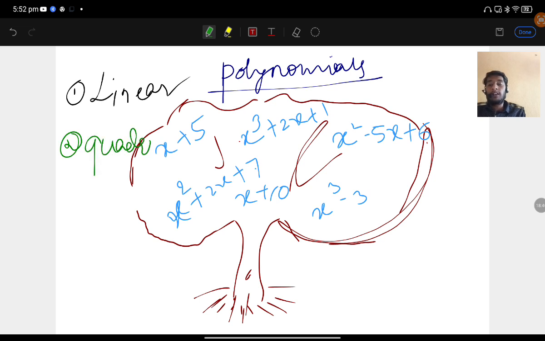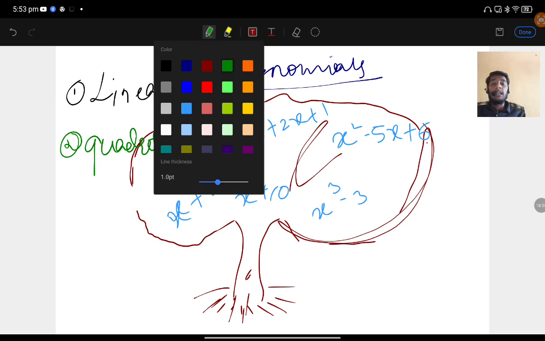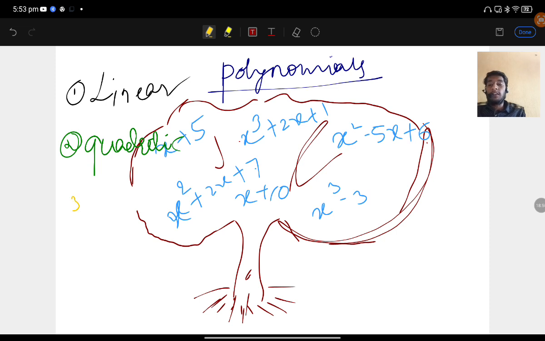For the quadratic you should use the green color, and for the cubic you should use the yellow color. So now I am using yellow color. Yellow color means cubic. For the cubic you should make a round.